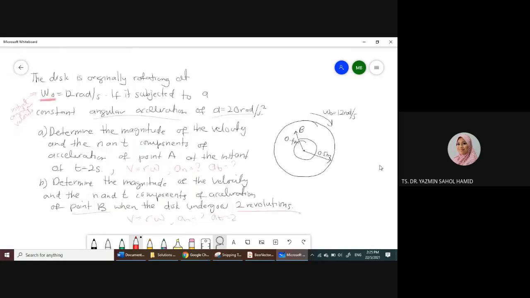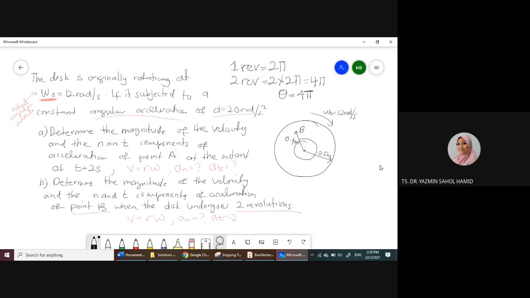Have you heard of that? Yes. So one revolution is 2 pi. When you need to find two revolutions, it means 2 times 2 pi equals 4 pi. So theta is 4 pi.